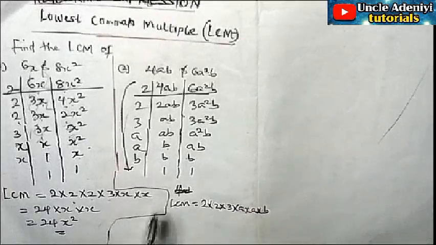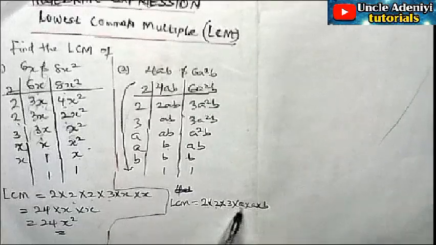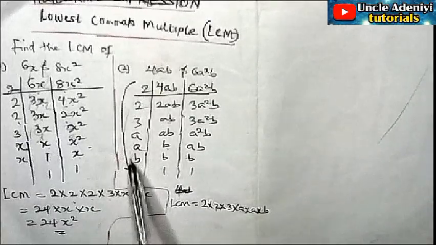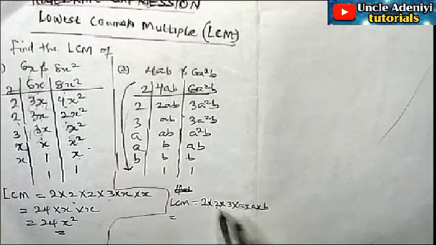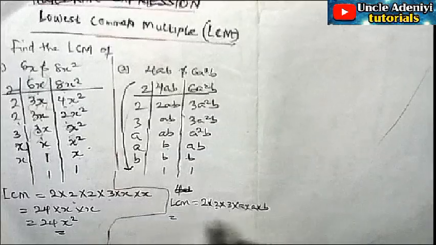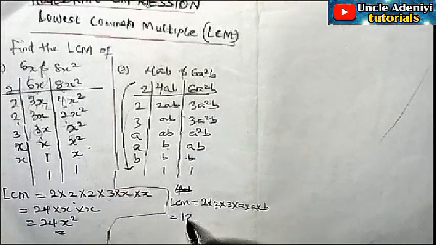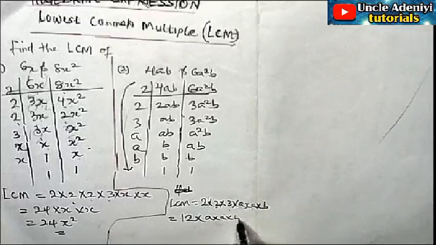Do you understand? 2 times 2 times 3 times a times a times b. The numbers on this column, right? So 2 times 2, 4. 4 times 3 is what? 12.